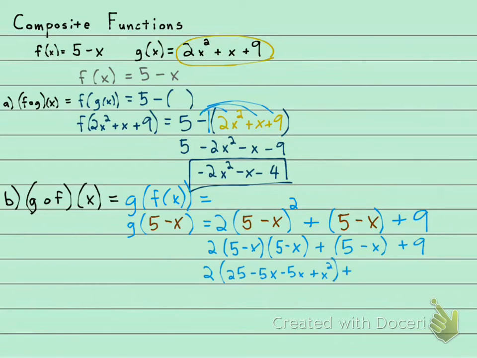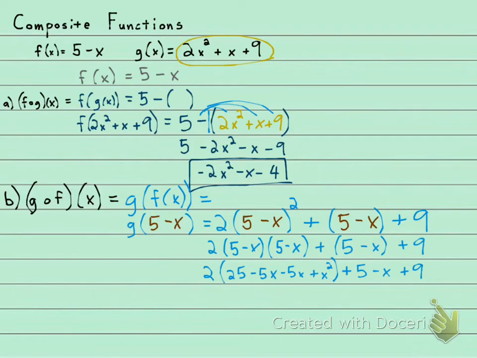Plus, now this 5 minus x, I don't need parentheses anymore because I don't have anything out front that gets distributed in. So plus 5 minus x plus 9. One more step before I put everything together: I need to distribute this 2, so everything in here will be free to combine with these out here.